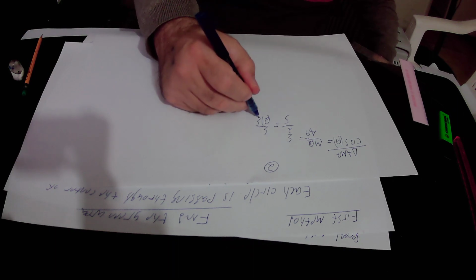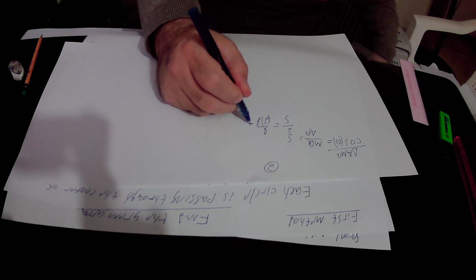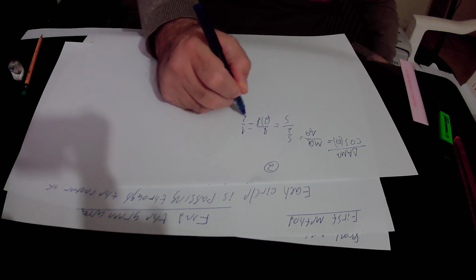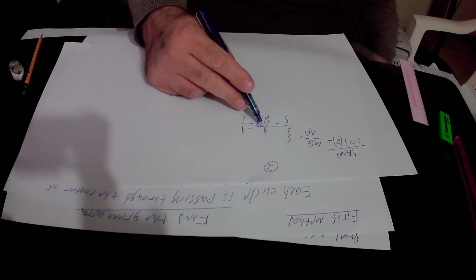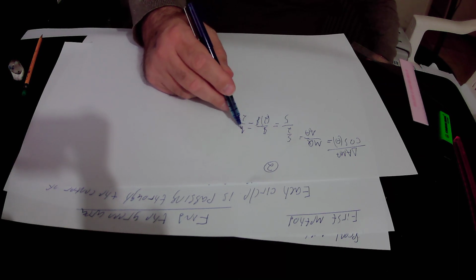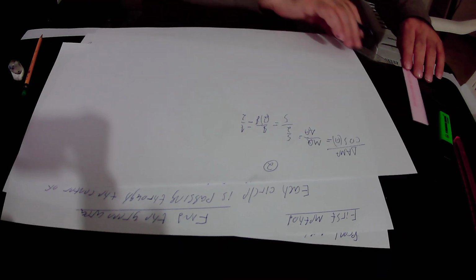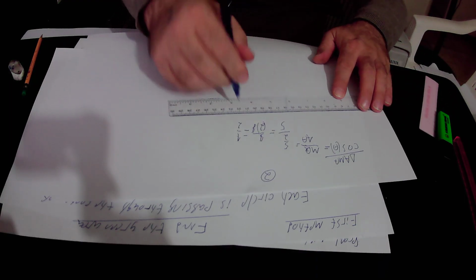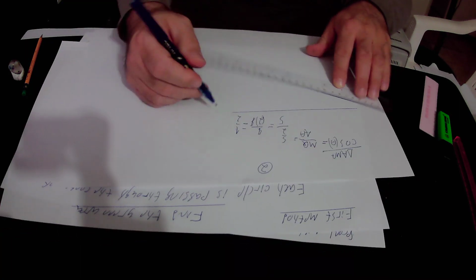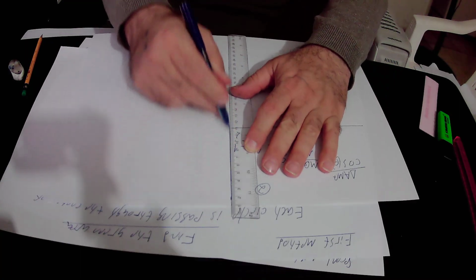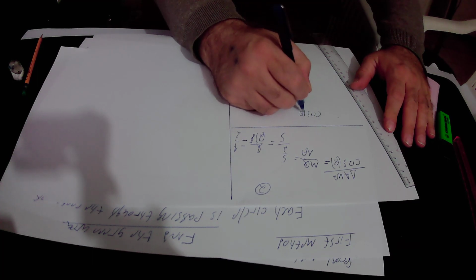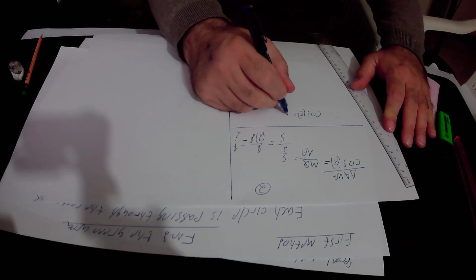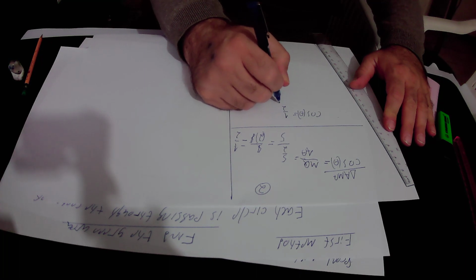Here 5 over 5 is 1, so it equals 1 over 2. So we found out that cosine theta equals 1 over 2.